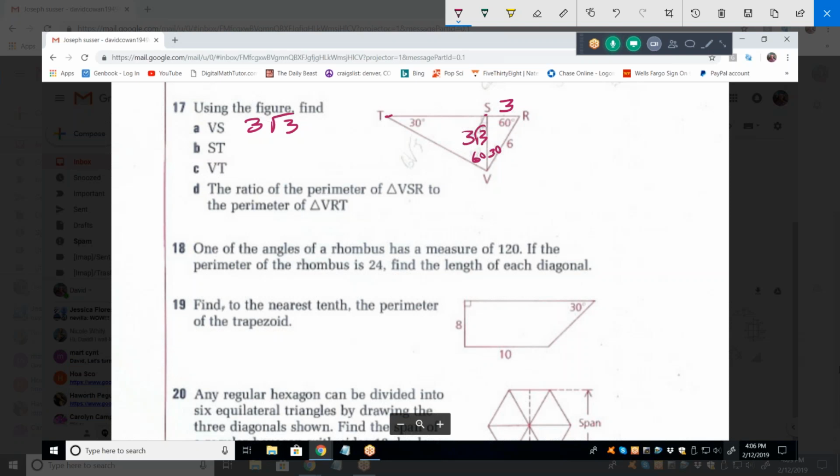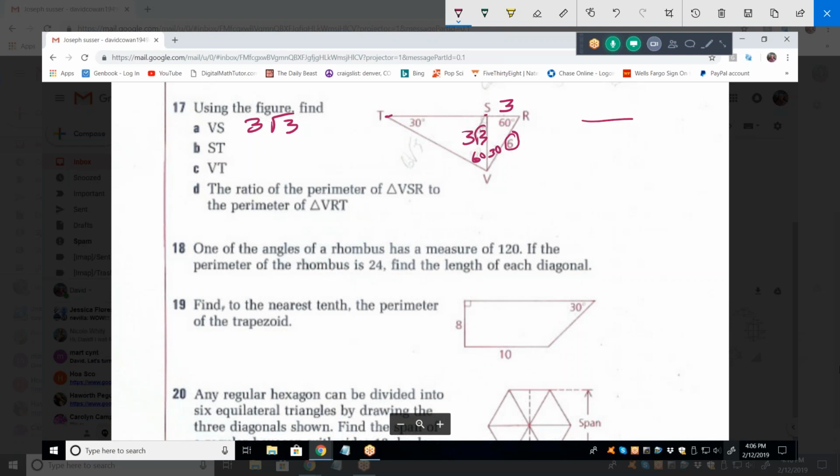Well, we can figure out TR, I think. Yeah, what's TR? Based on our 30-60, it's going to be 11 square root 3. I think it's 6. In other words, it's always this number.